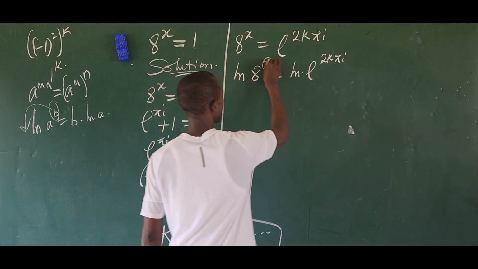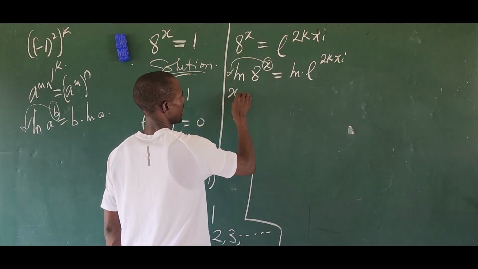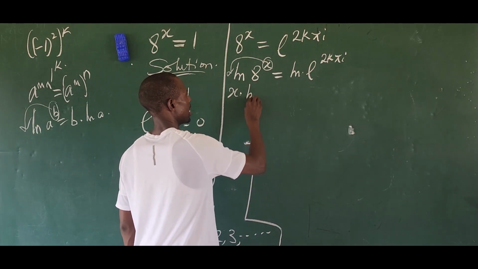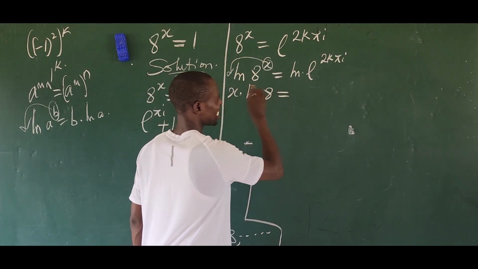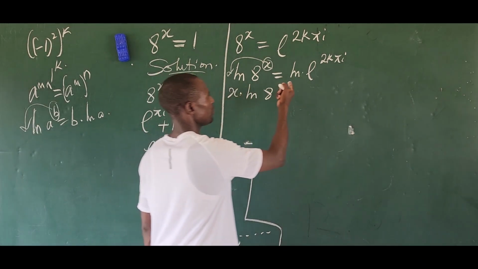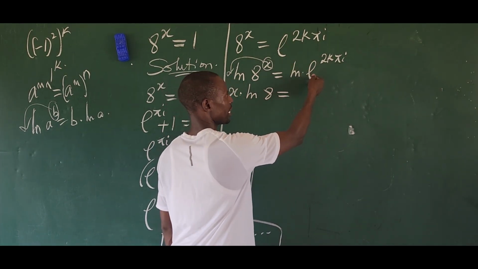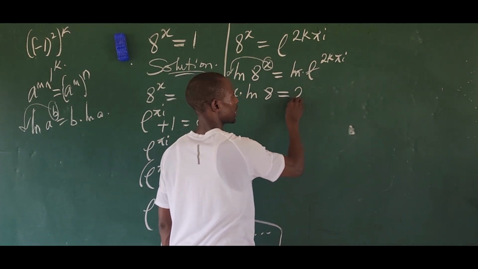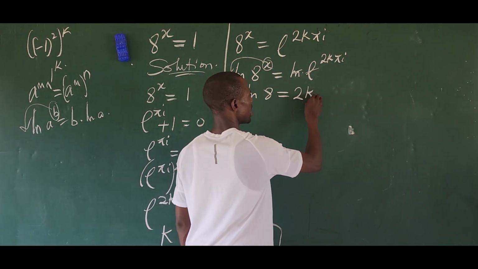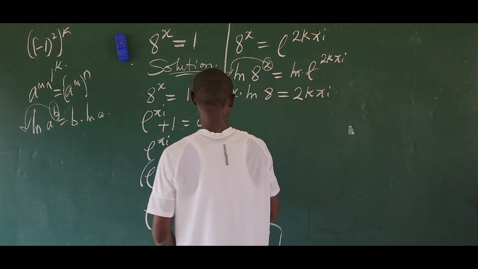So we move this x this way, and we have x times ln of 8. This is equal to, if you take a good look, ln base e times e, and so this will leave the system. And I'm left with 2k pi i.